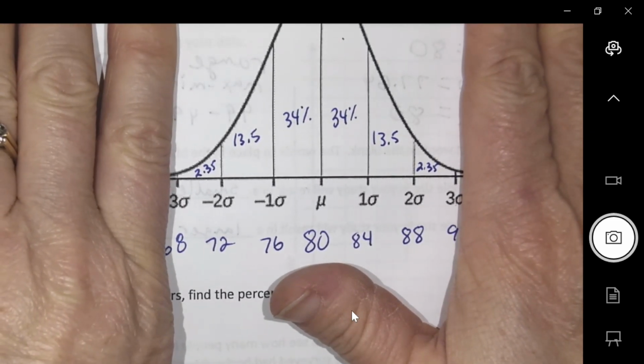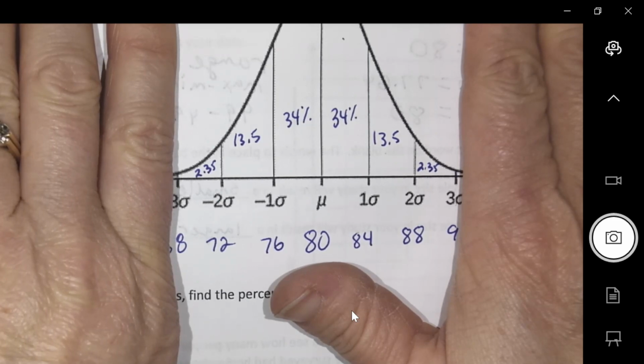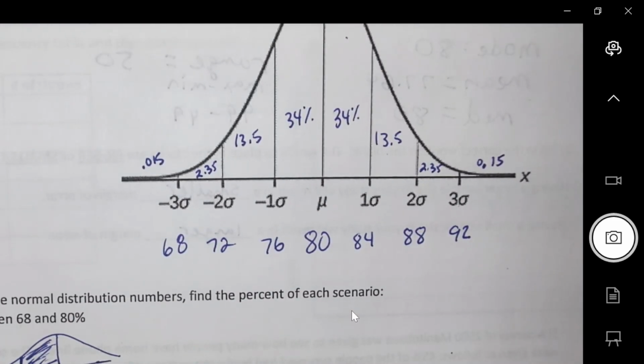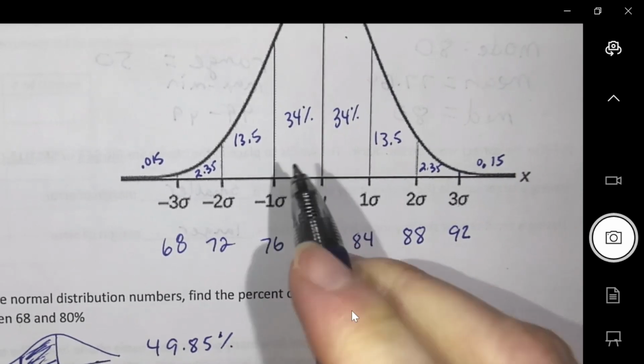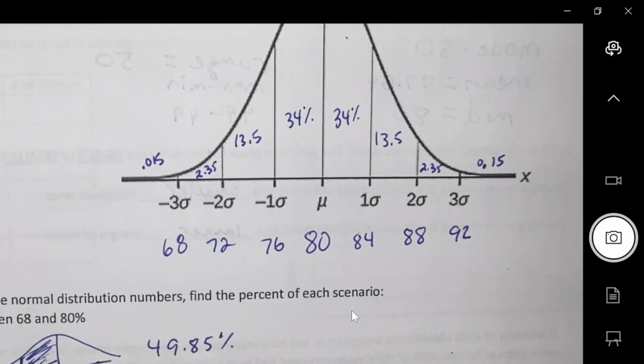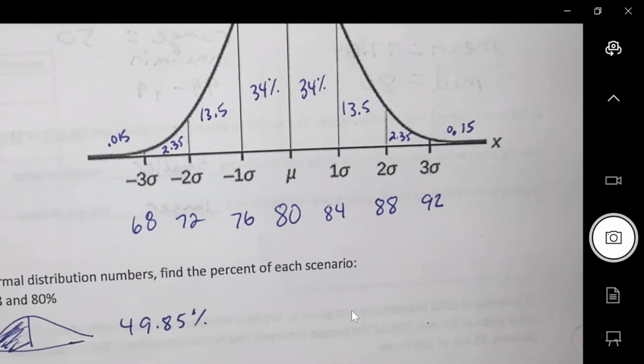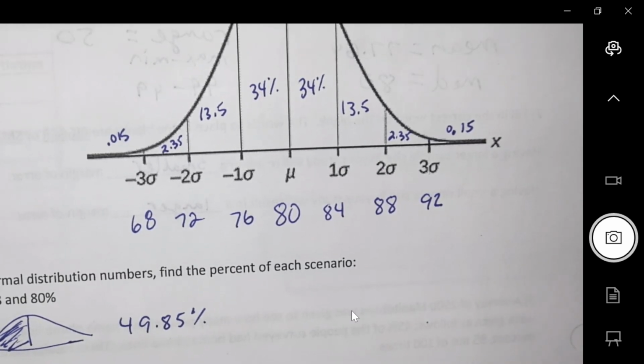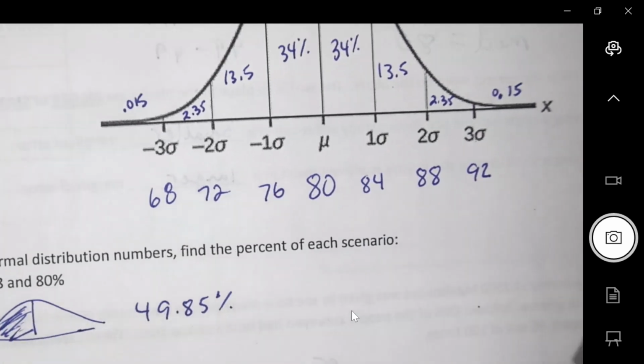This was 99.7. And I could just divide it by 2 because that's exactly that. Or you could add yours all up. So you could have added that, that, and that up, those 3 numbers. If you did, let me know if we match because I did mine a different way. It's the same if you add it all. That makes sense.